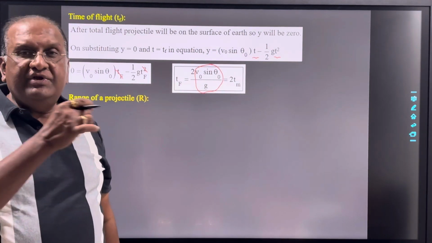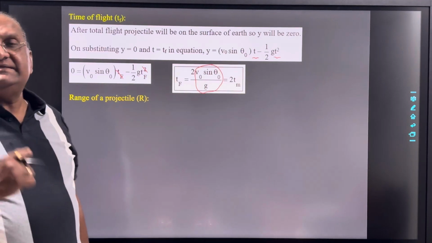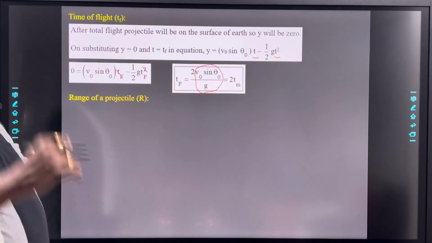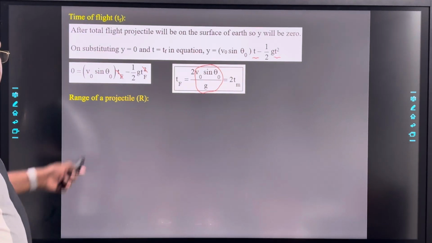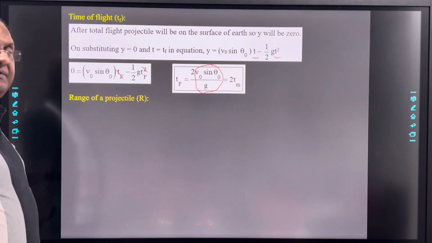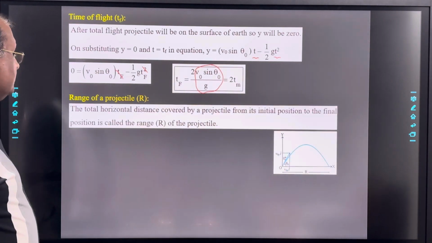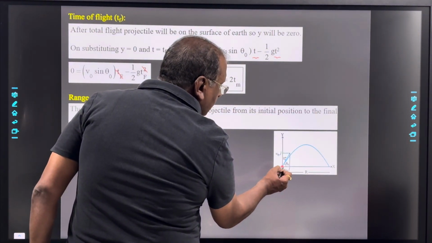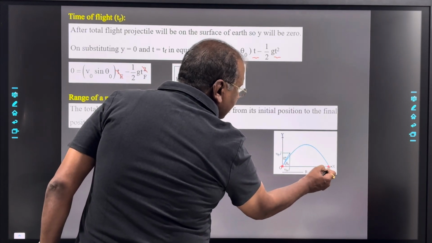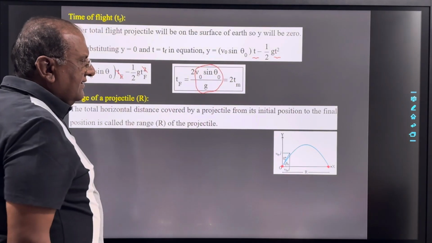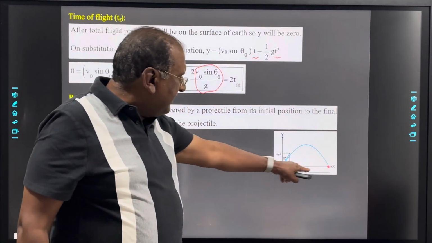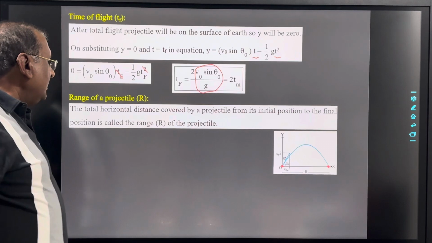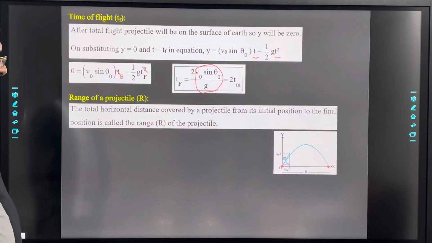So during this projectile motion, whatever is the total horizontal distance covered is known as range, and it is denoted by capital R. See here, the object is projected from the origin O and it falls somewhere here on the horizontal axis. This particular distance covered in the horizontal direction is called the range of the projectile.